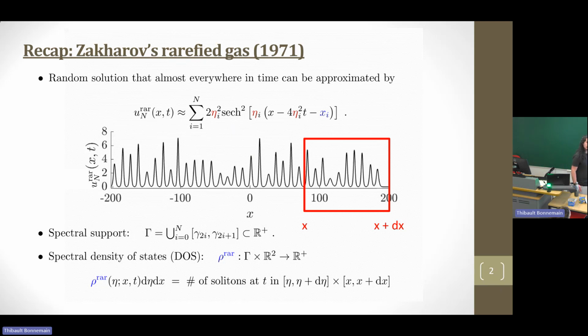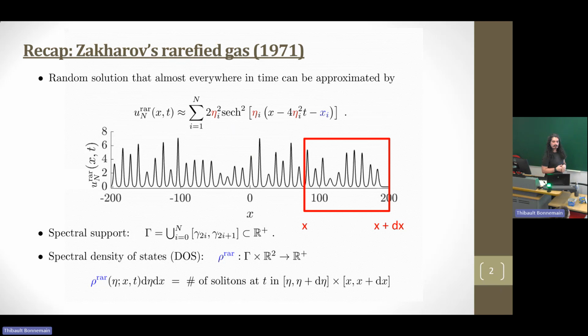So it's the density of solitons both in real and in spectral space. It's your input functional parameter. It corresponds to the joint distribution of the parameters. You can write it in terms of the xi as well.